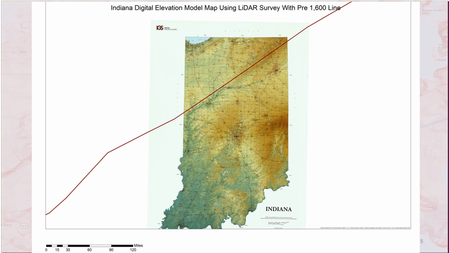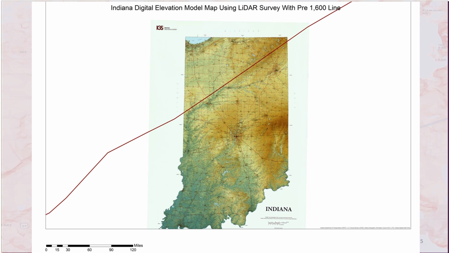You can clearly see from the DEM, in the northeast part of the state, the Packerton Moraine, where the 1600 contact had an influence on the melting of the glacier, and then as the water ran off, it actually influenced the Wabash River to the south and west.